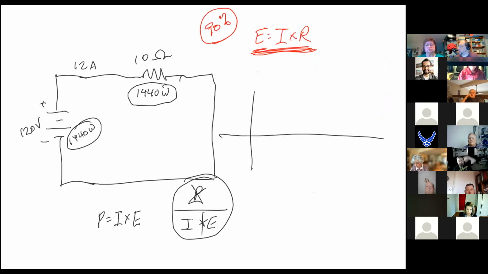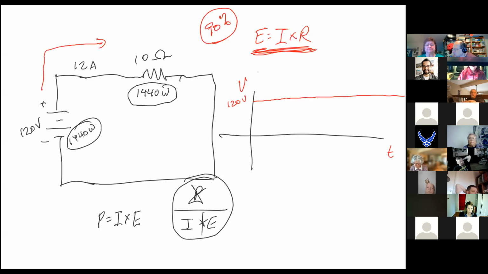I mean, it does as it gets weaker, but if we were to measure this voltage over time, voltage versus time, it would be at 120 volts and would always stay there. Would current switch direction, or would it always go the same way? It'll always go the same way.